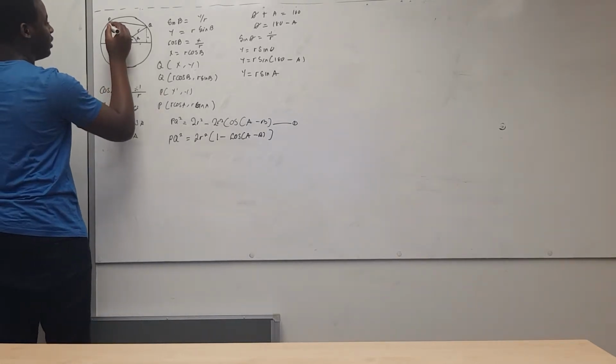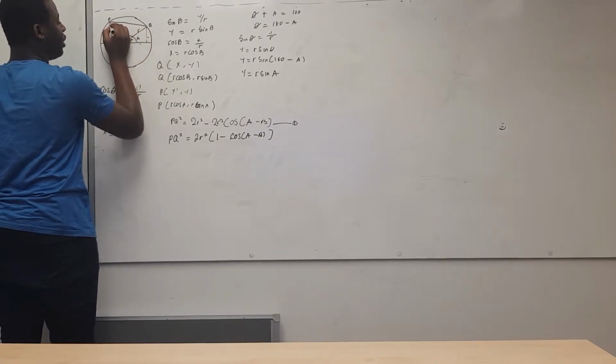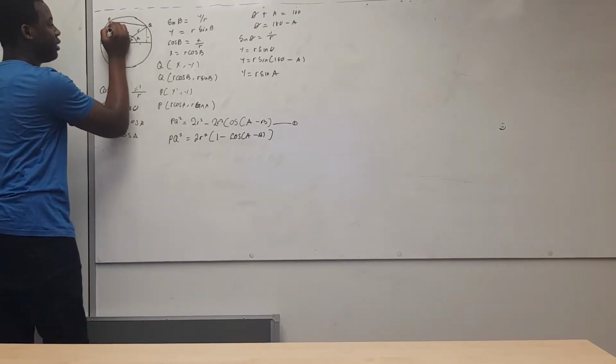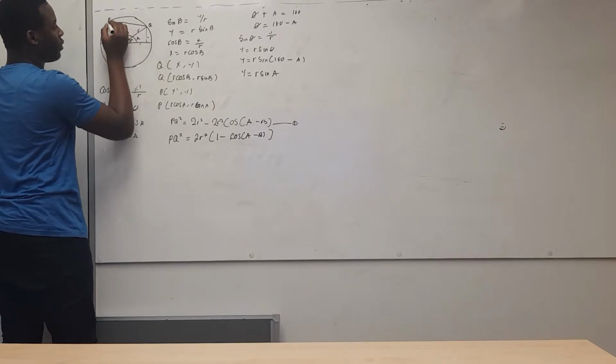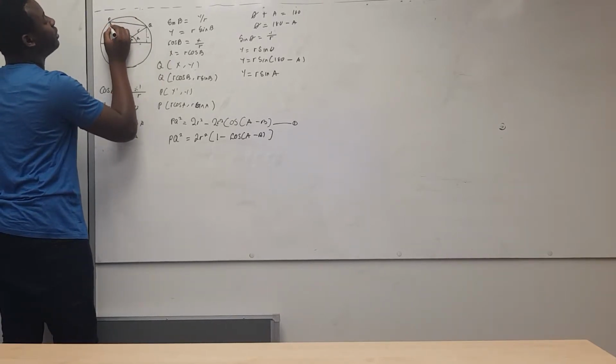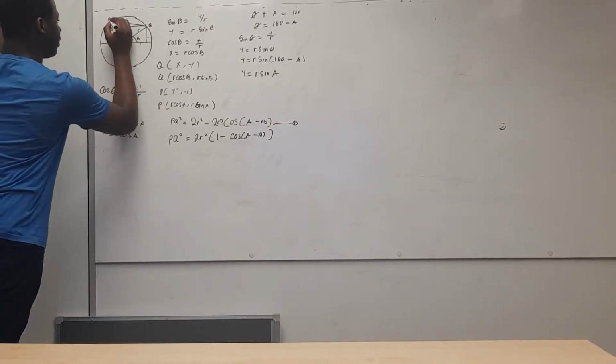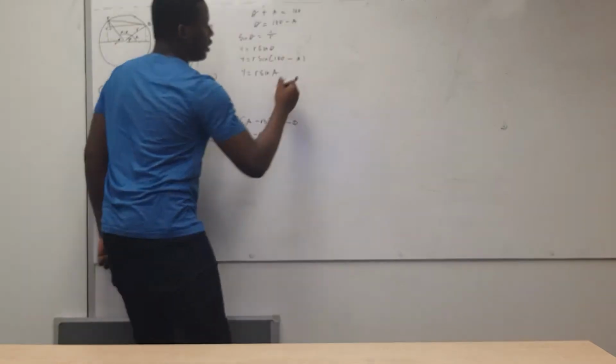What that simply means is this: if we have a point here, let's call that N. So the point P to N and the point Q gives us a right angle triangle.